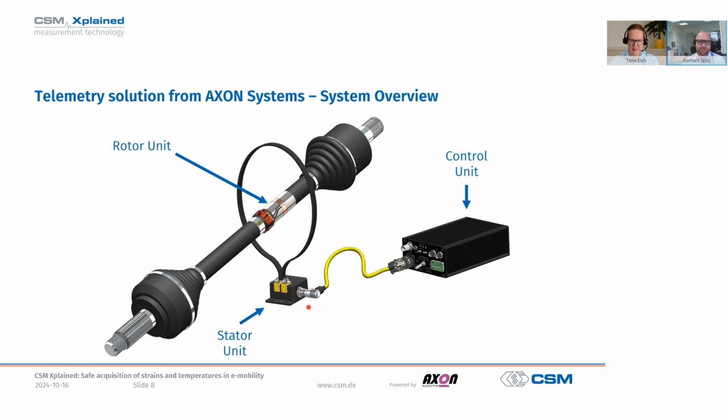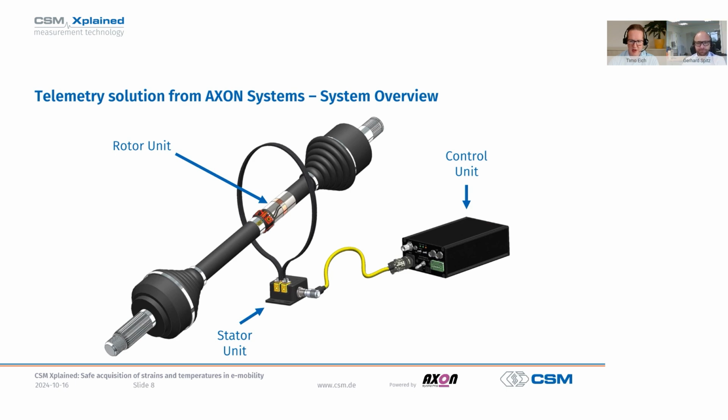Exactly, that's what we see there. It's installed right next to the shaft, and it does both: it supplies the inductive energy and it receives the RF data. It must be very flexible, of course, and then it's connected by a cable to the control unit, which is, as the name says, the central control unit of the system. This manages everything and plays back the data, and you can see live data of the signals on your rotating shaft.